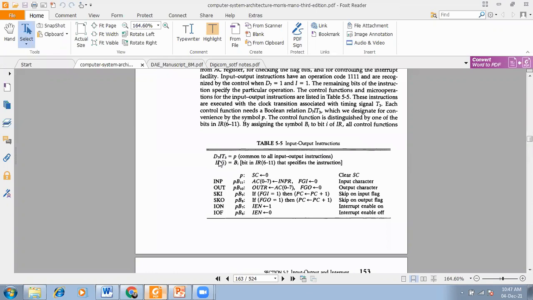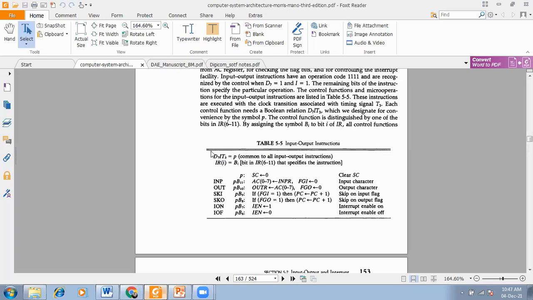And I means bit number 15 must also be high. Bit 15 is high, bit 14 is high, bit 13 is high, and bit 12 of the instruction register is also high. Then only we go for an input output instruction.